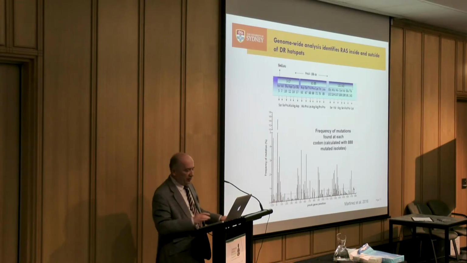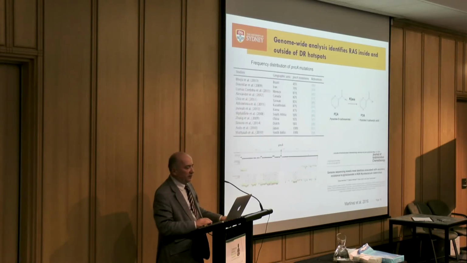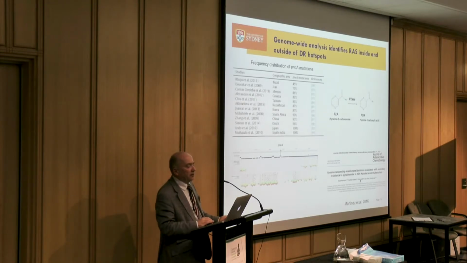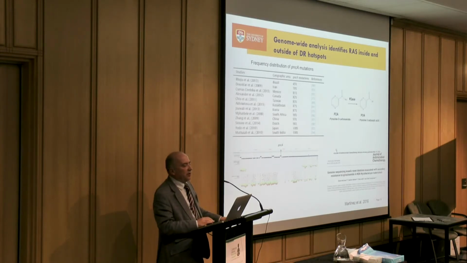The gene is quite large in size. The gene can be excised completely on its own, or part of the whole 10, 15, 20 kilobases of genomic material can be left out, and this would lead to resistance to pyrazinamide in isolates from Korea, from China. This is what we've seen in our lab in Sydney.